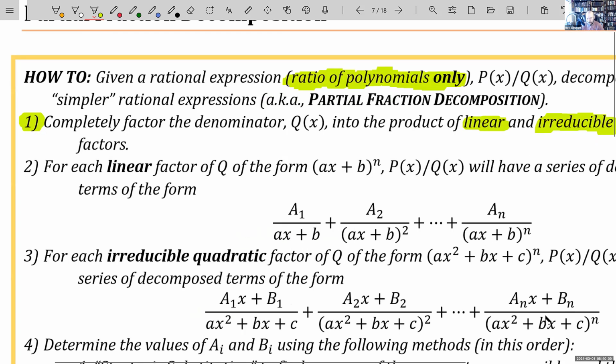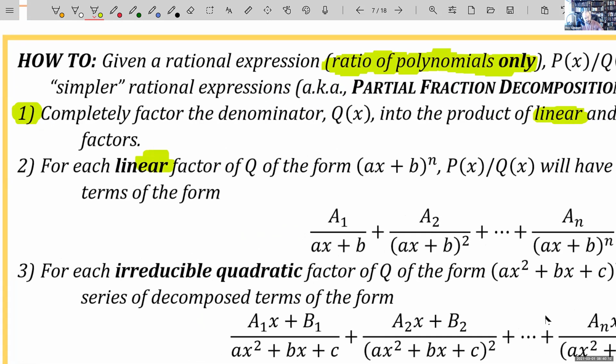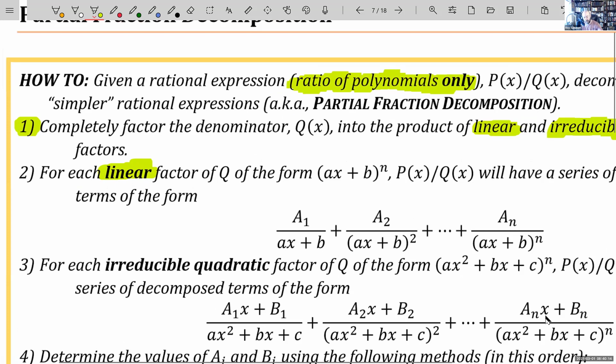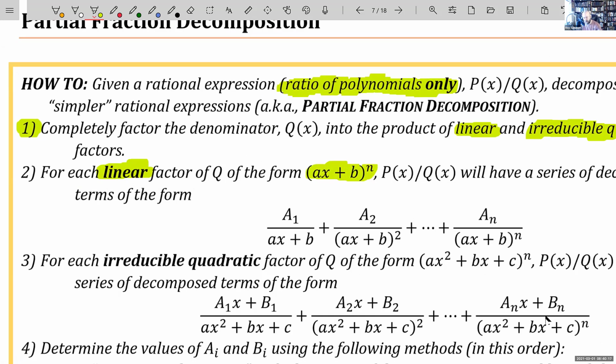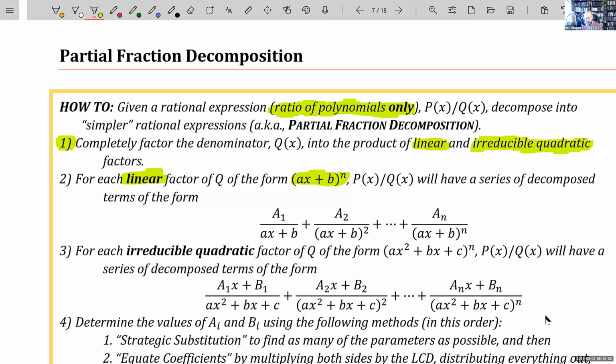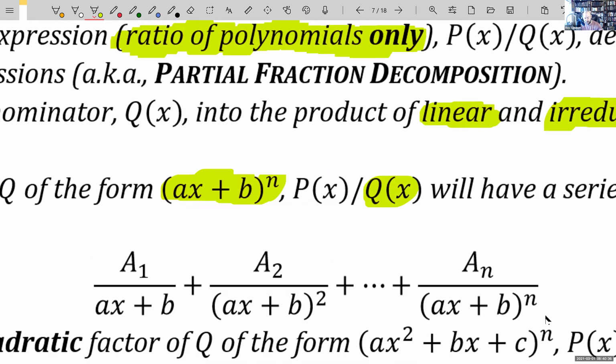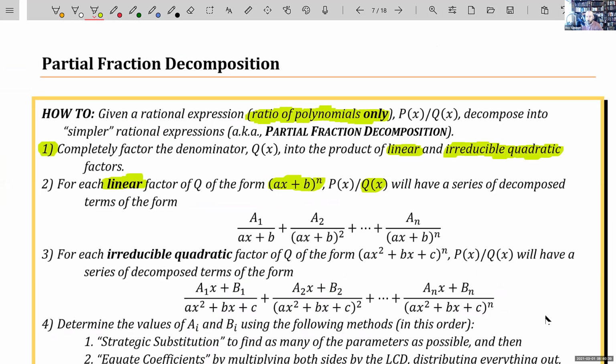Then, once you factor the denominator, for each linear factor of the denominator, which might have the form 3x plus 5, and it might even be 3x plus 5 squared, right? You might have a denominator that has a power. That's totally allowable. So for every linear factor in the factored form of this denominator, the partial fraction decomposition will have a term for the first power.